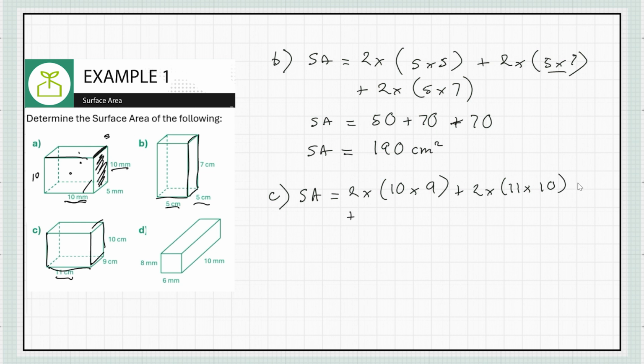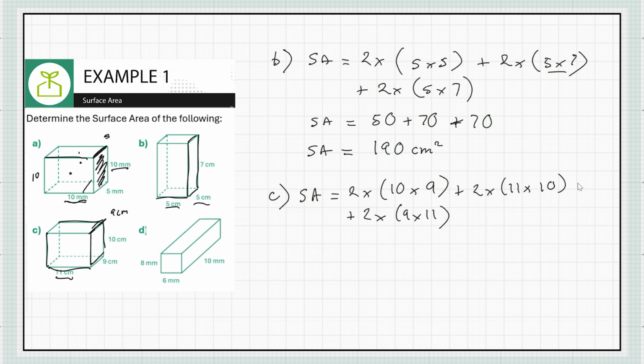And then finally we have to do the top and the bottom. We know this particular length is 9 centimeters, and the length across is 11. So 2 times 9 times 11.